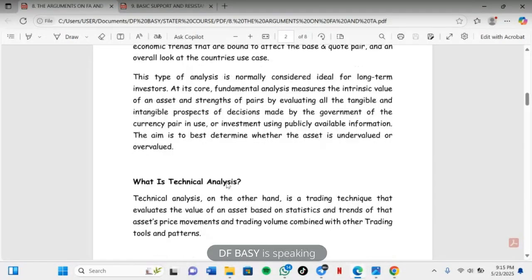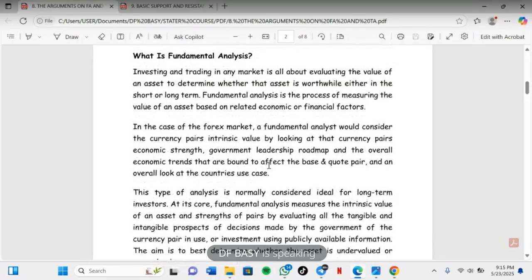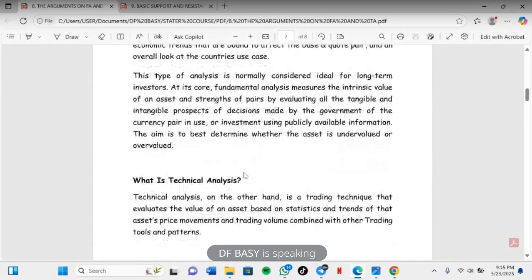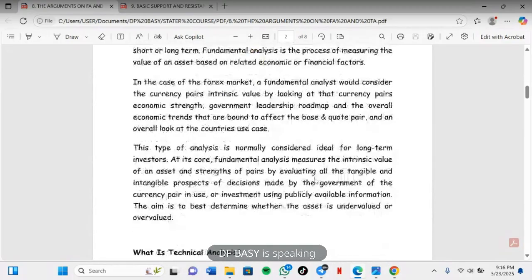So that's fundamental analysis: measuring the value of an asset based on related economic or financial factors. The asset, currency pair, or crypto you're evaluating is assessed based on financial and economic factors. While technical analysis, what is technical analysis?